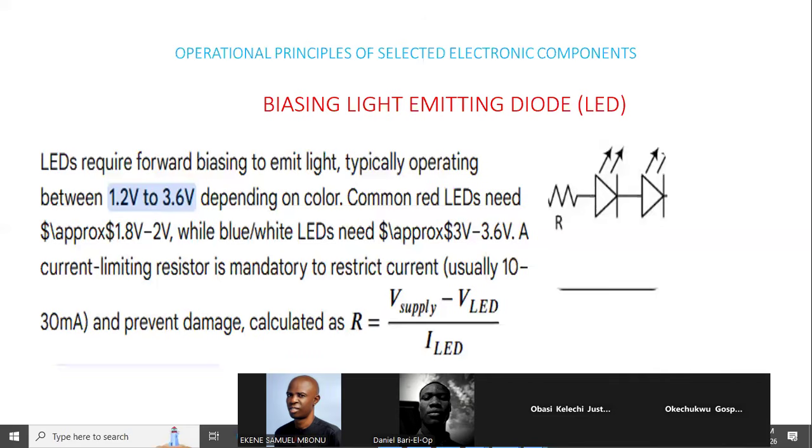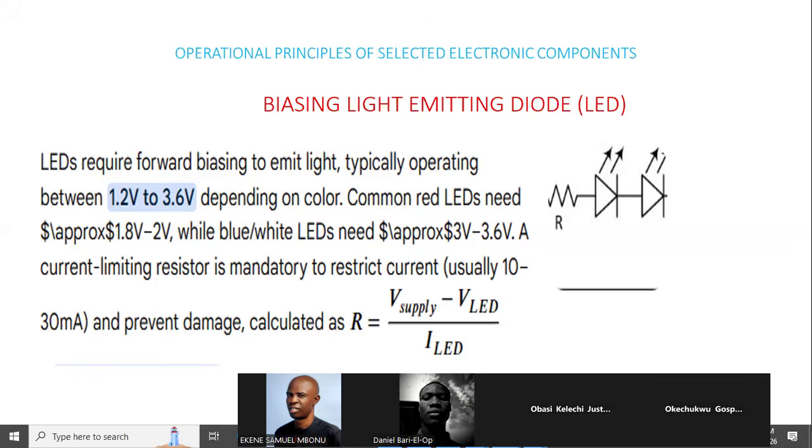An LED requires forward biasing to emit light, typically operating between 1.2 volts to 3.6 volts, depending on the color. So if you are going to bias an LED, you need to use this formula to find your R. See, we are gradually building up your capacity to design.